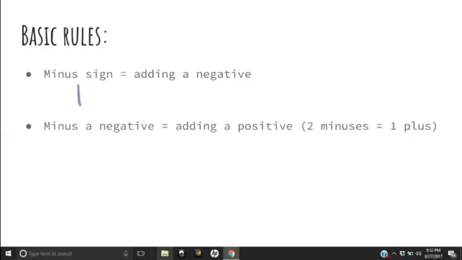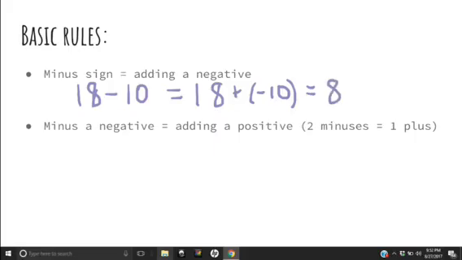For instance, 18 minus 10 is equal to 18 plus negative 10. And so those are saying the same thing. 18 minus 10 or 18 plus negative 10 is positive 8.